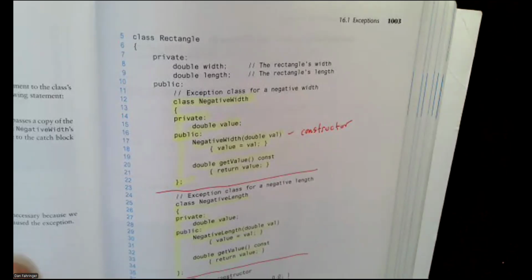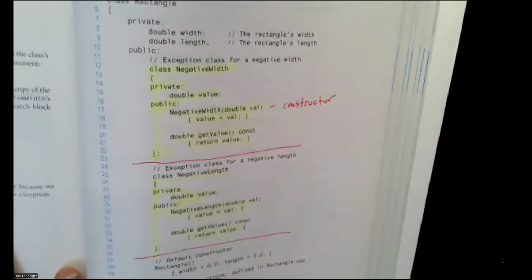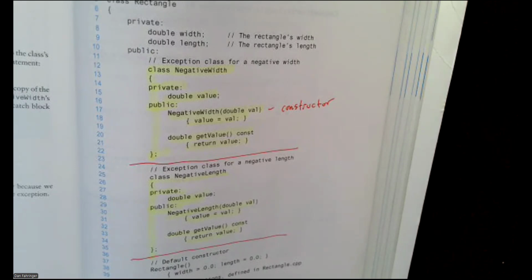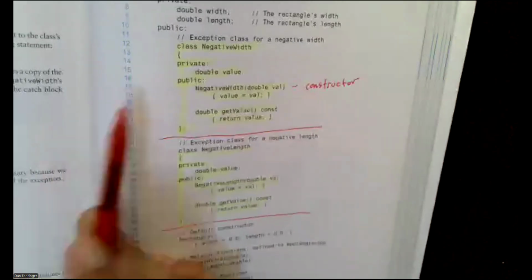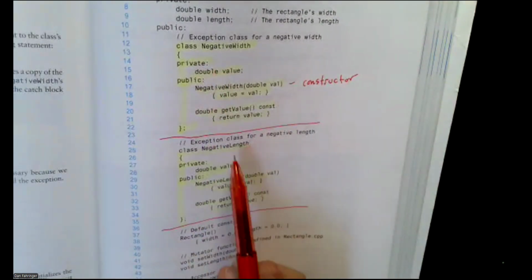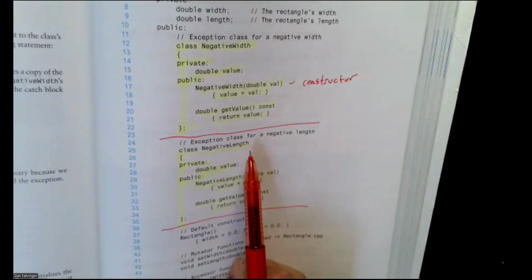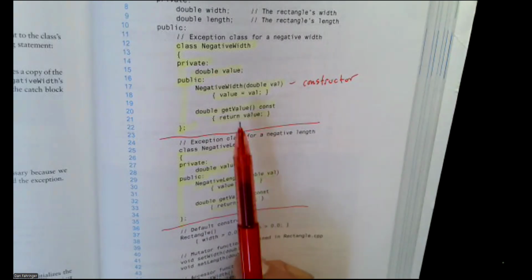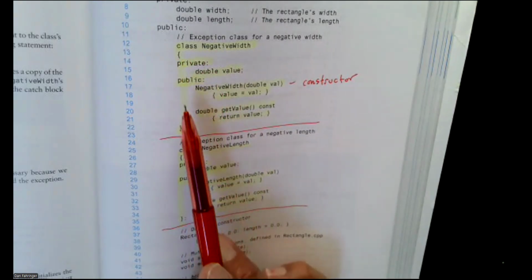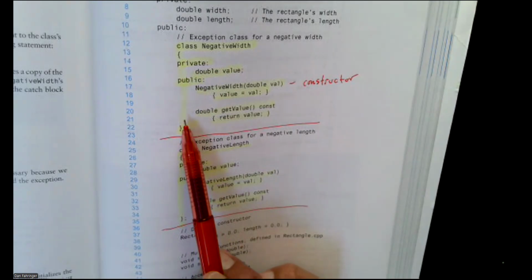I'm back at my spec file. I know what has been in it. And up until this point, the exception classes for negative width and negative length were empty. Now I have something going on. What the heck's going on?